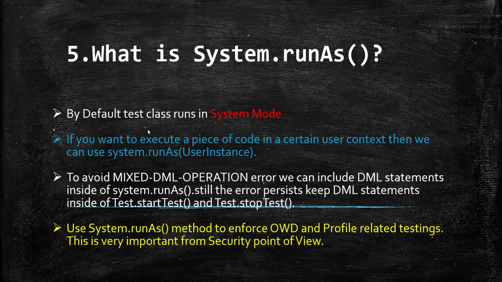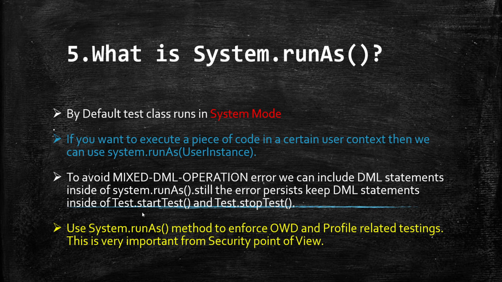If you want to execute a piece of code in a certain user context, then we can use System.runAs with the user instance in brackets. This is useful if you want your test class to run in user context mode.